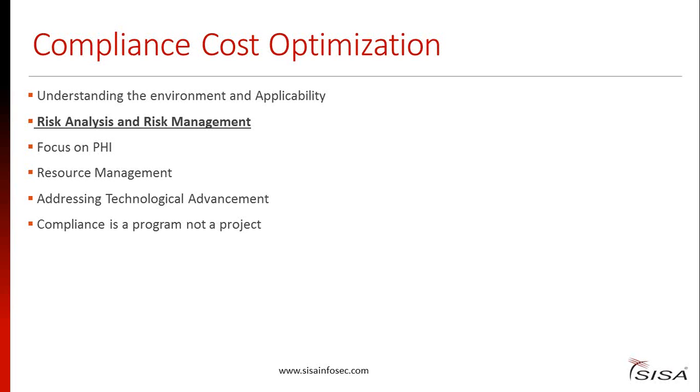Then addressing technological advancement. Technology doesn't stop being invented for any particular compliance. It is invented as per requirement and it will never stop for any compliance or for any security reason. So there will be some new technology where the risk is not yet evaluated or defined. So you have to understand those technological advancements also.